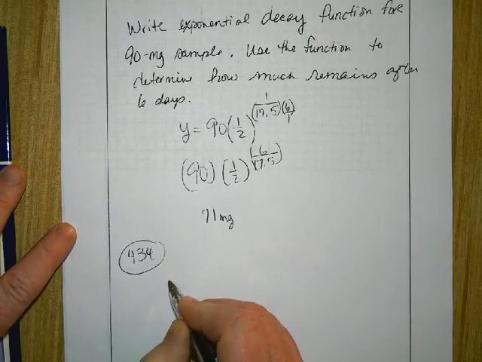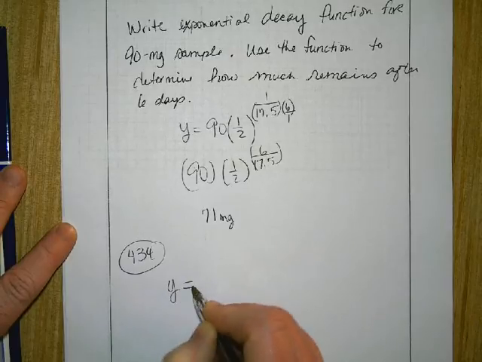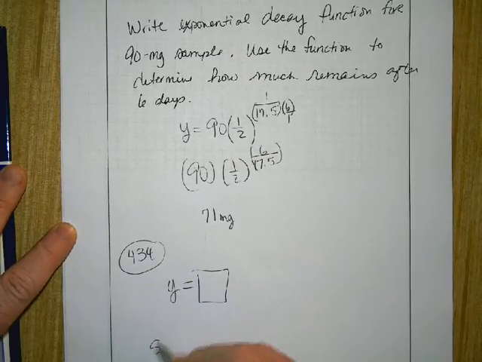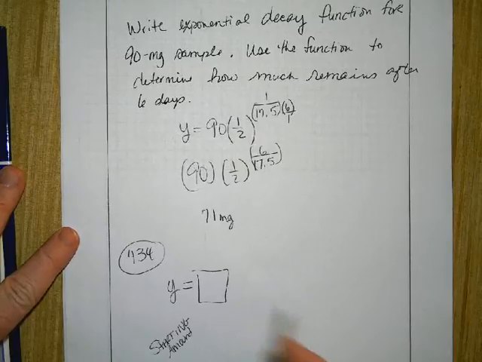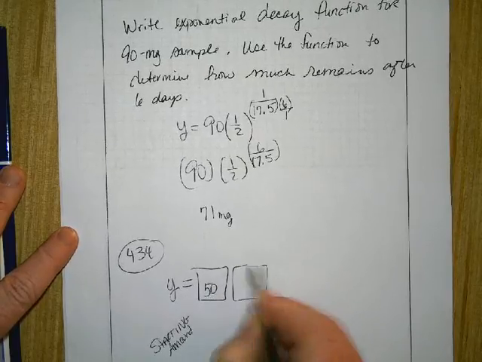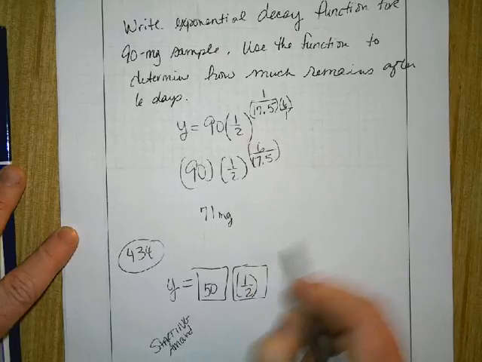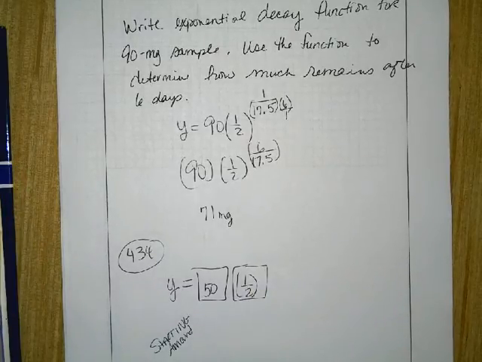Okay, so we're starting with, that's your starting amount right there. What's your starting amount? 50. And then it's cutting itself in half. Now, how often is it cutting itself in half? 14.3 days. And the sample has been there for 84 days. So has it cut itself in half at least once? Twice?